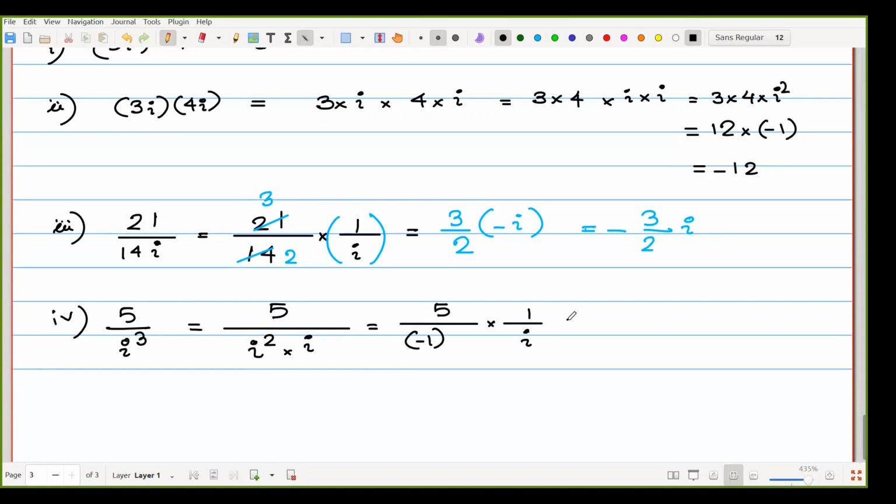Okay. Now look at another thing. 5 by minus i, that one is becoming... Already we know we have 1 by i is minus i, and another thing, 1 by minus i is equal to i.